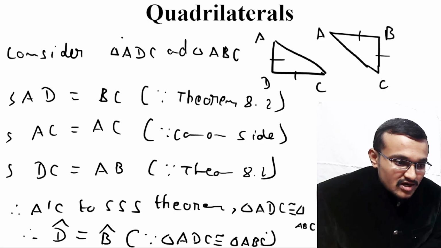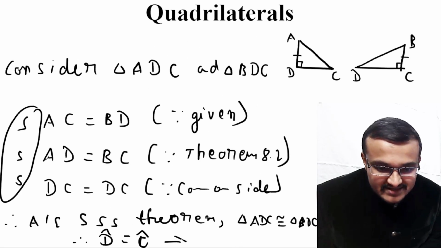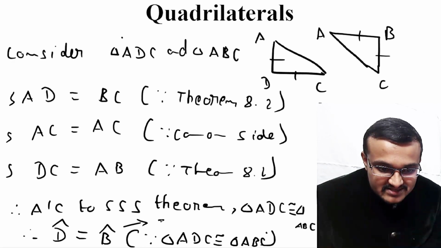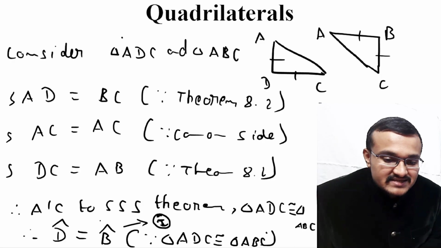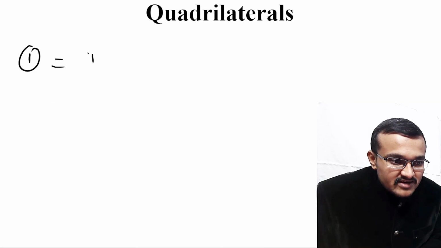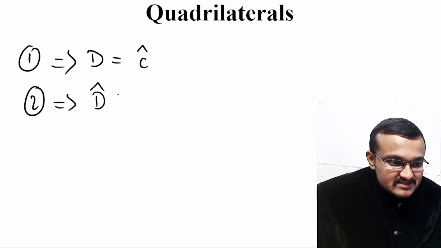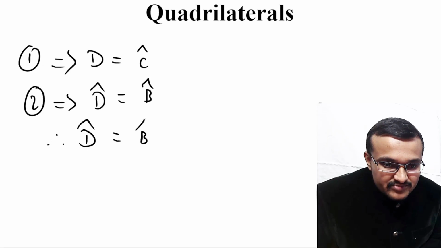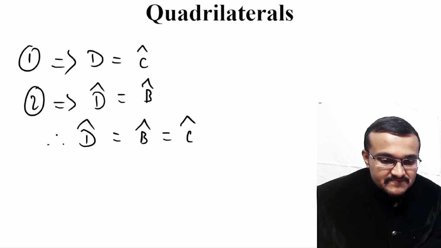Now we will call the previous one, angle D is equal to angle C, as equation 1, and angle D is equal to angle B as equation 2. According to equation 1 we have D is equal to C, and according to equation 2 we have D is equal to B. Therefore D is equal to B is equal to C.